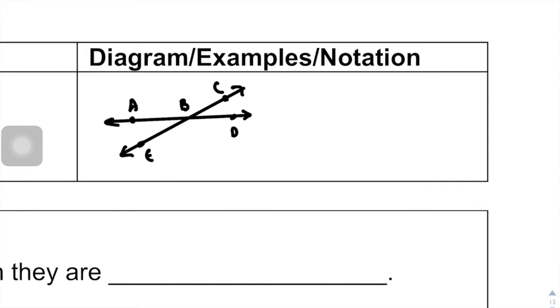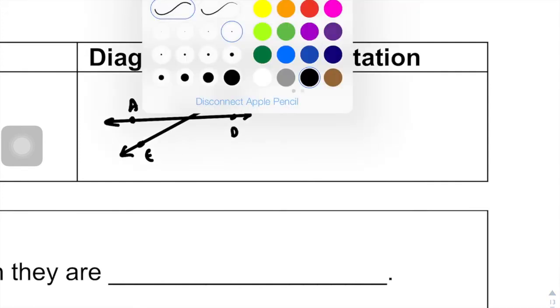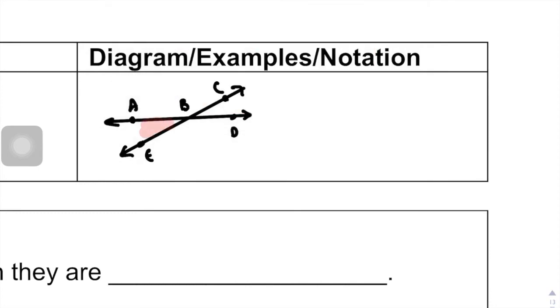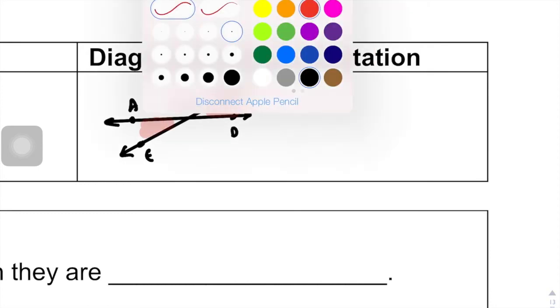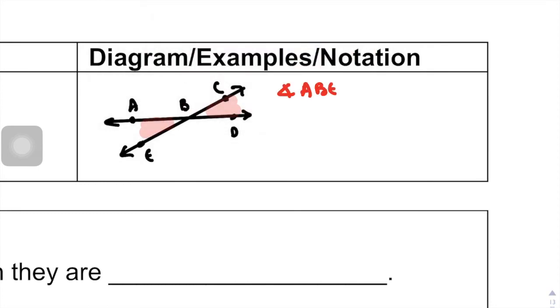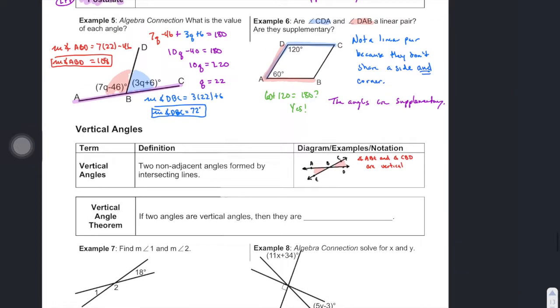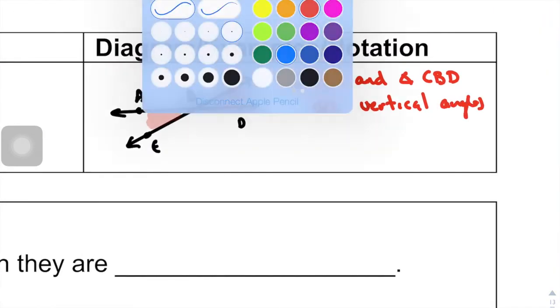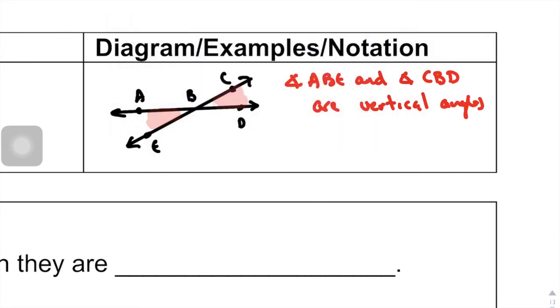They're not adjacent to each other. So this angle here, angle ABE and angle CBD, are vertical angles.